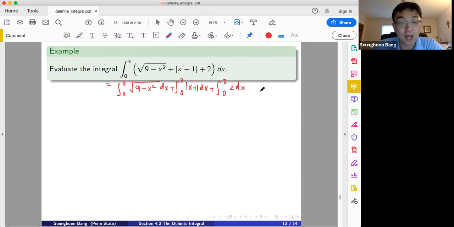You can split everything. So I want to use the geometric method for solving this problem. The first function is y equals the square root of 9 minus x squared. So you square both sides.